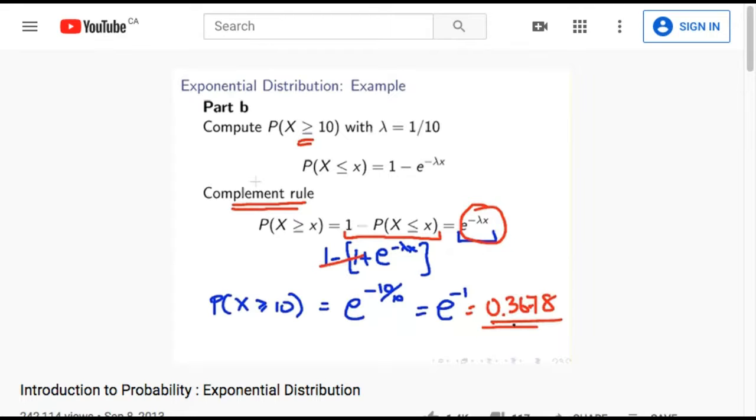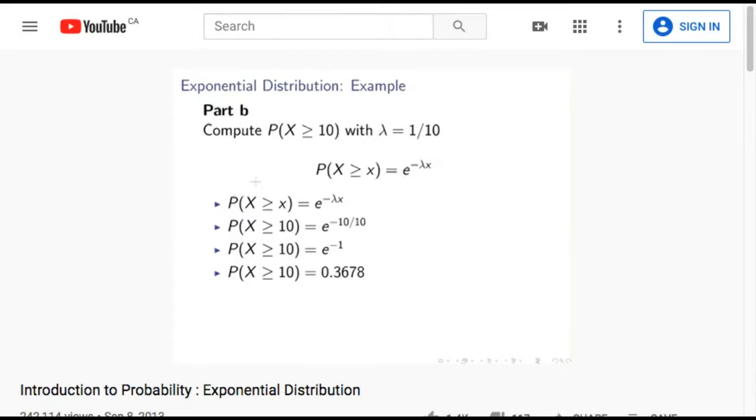So that's the answer to the second one there. On the next slide, I have it written a bit neater. Read that there. Pause it if you want to. So again, that's 10 multiplied by 1 over 10, which is 10 over 10, with a minus sign. Okay, so that's the answer there.